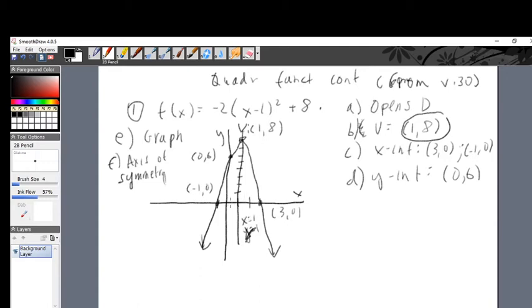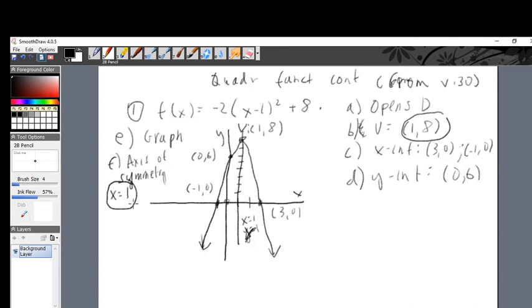Move over 1 from the origin. That x equals 1 is the name of the axis of symmetry. If you have to write it, it's x equals 1.